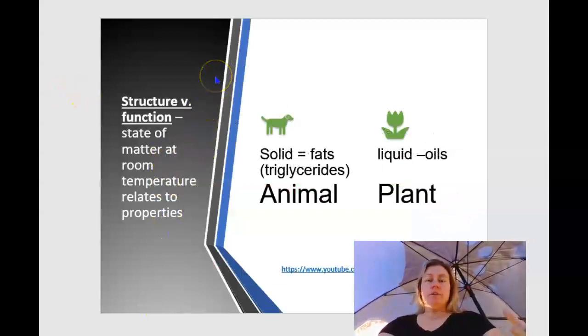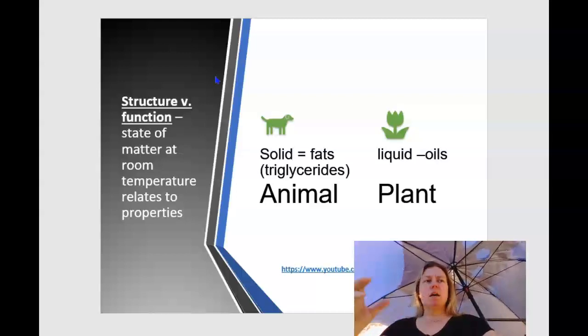So the structure versus the function, which again is a very recurring theme we have in biology. If you have a solid fat, we often refer to that as a triglyceride. Those are usually found in animals, like animal fats. And the liquid versions, like vegetable oil, for example, if you cook with it, those are from plants.